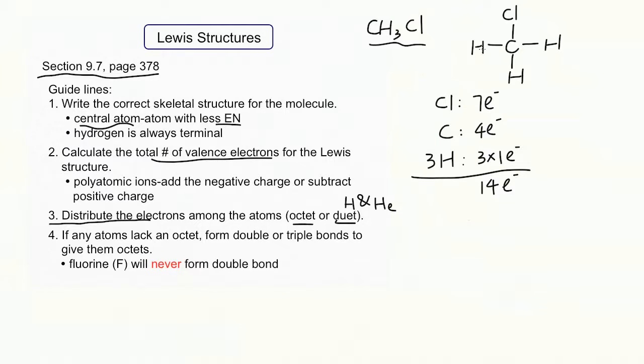Now, let's take a look at this structure. Because each hydrogen shares 2 electrons with carbon, the hydrogens are happy enough. But chlorine is not happy because it only has 2, so you need to add 6 more electrons on chlorine.